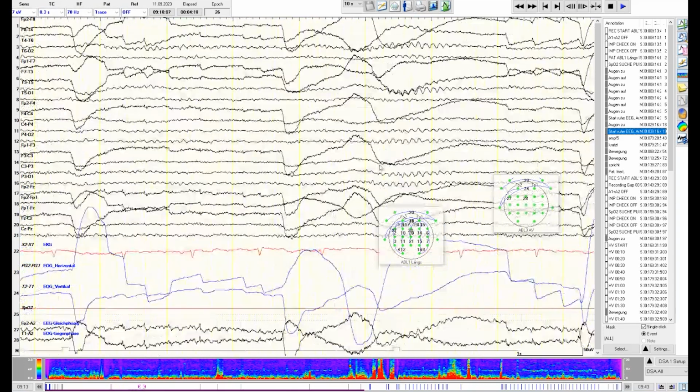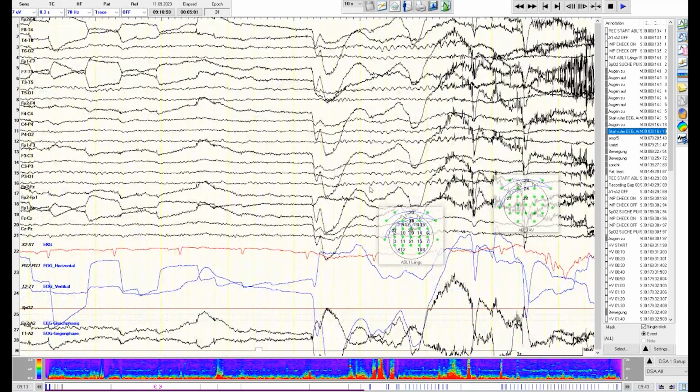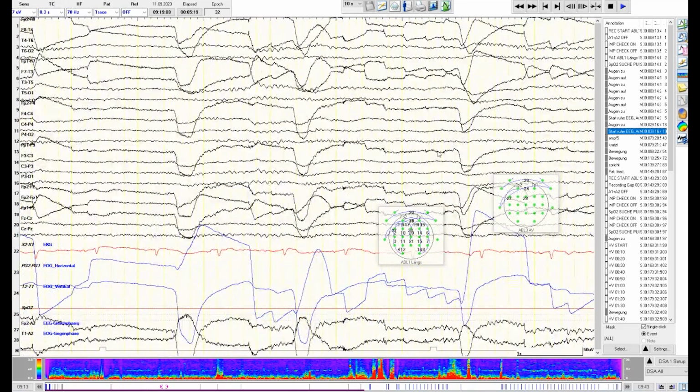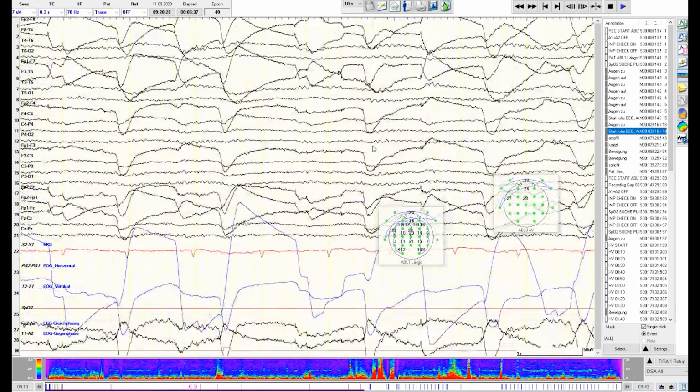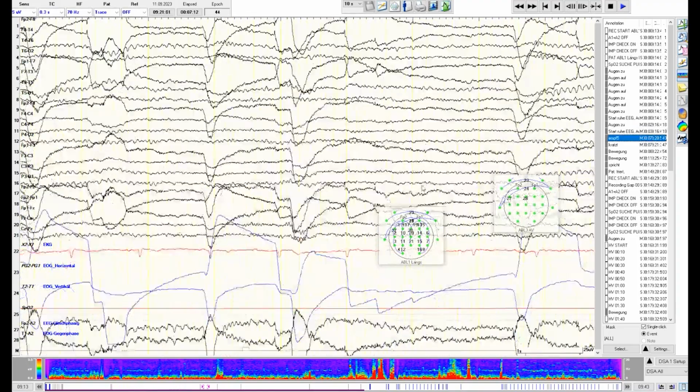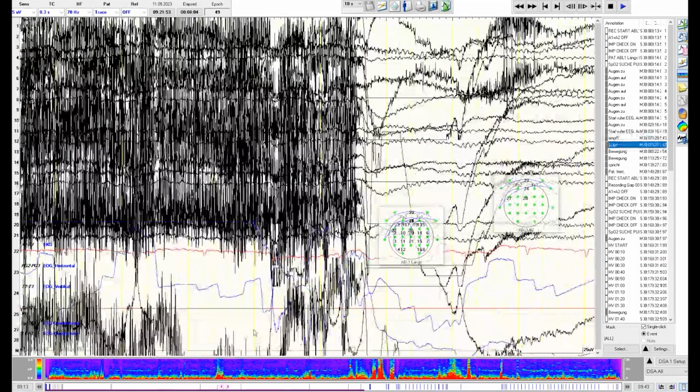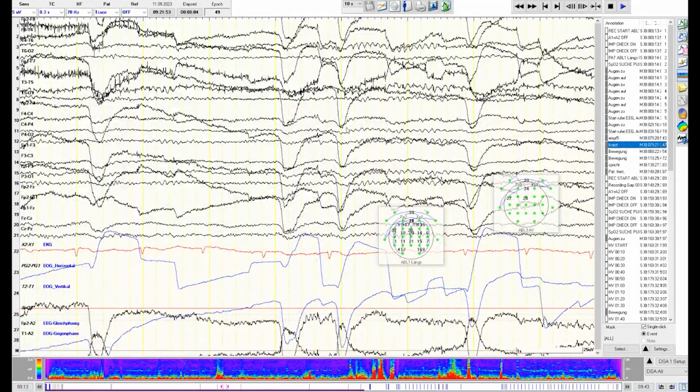Otherwise, the EEG seems normal. We have to mark that there are lots of artifacts in this EEG and that it's quite hard to judge. However, as far as we can see, there are no signs of epileptiform activity or of any slowings of any kind.